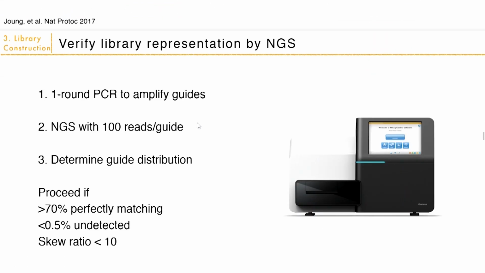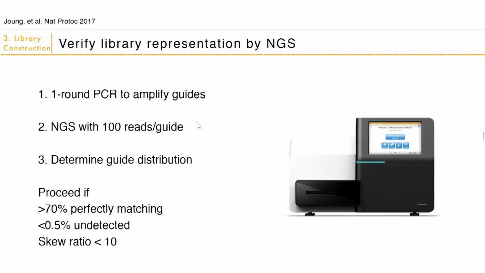So then moving on, before we start the screen, it's very important to do a quality control step where we will sequence the library that you've cloned and make sure that all the guides that you think are there are actually there, and the library is not too skewed. So we do this using next generation sequencing, where we will do a PCR to amplify the guides, and then we sequence at a depth of 100 reads per guide.